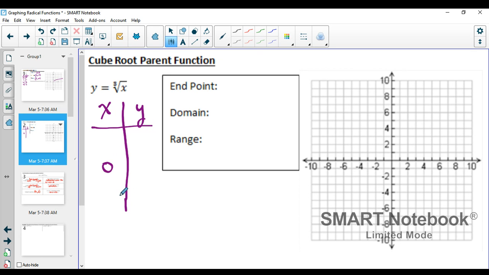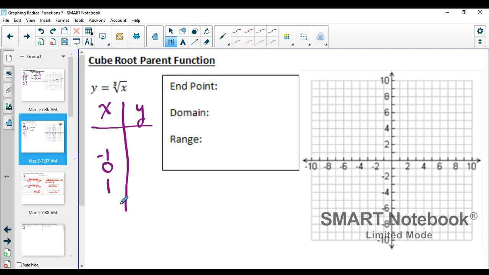Yeah. So the next number that has a cube root is also the same number that was next in square root, which is 1. And because we can have 1, that means we can have negative 1.